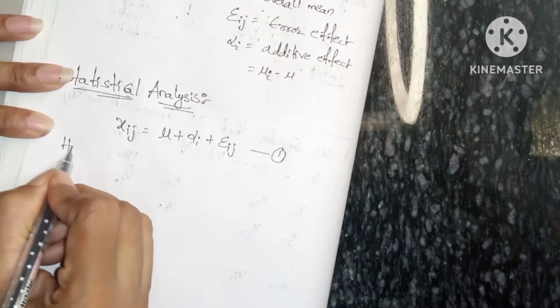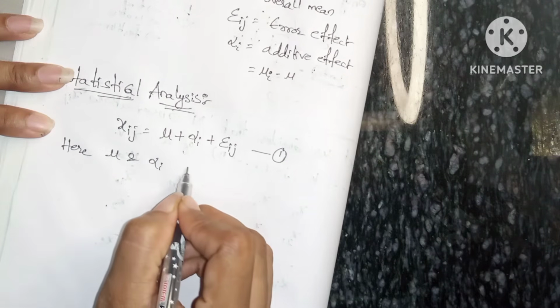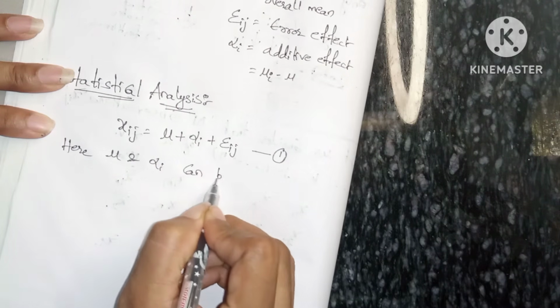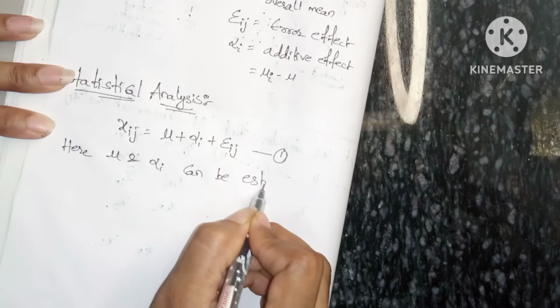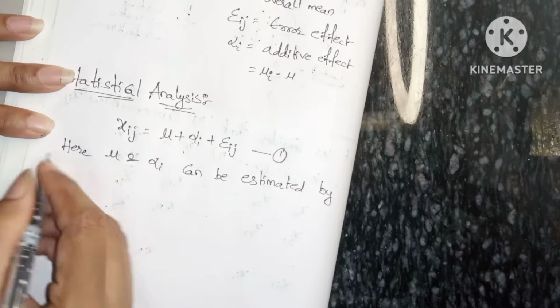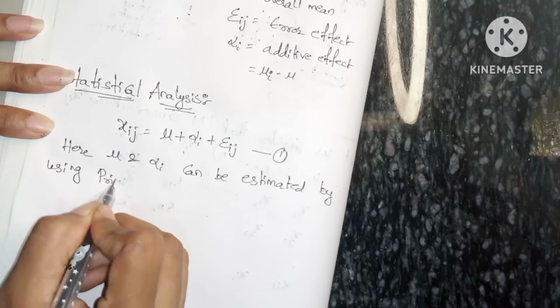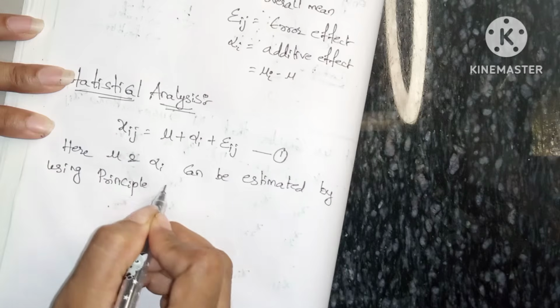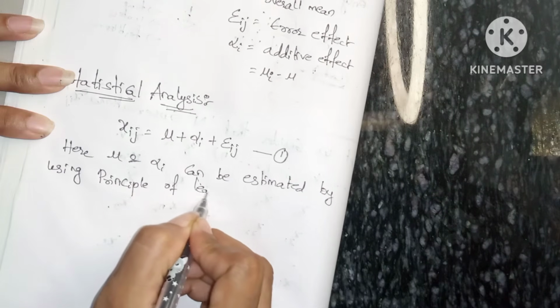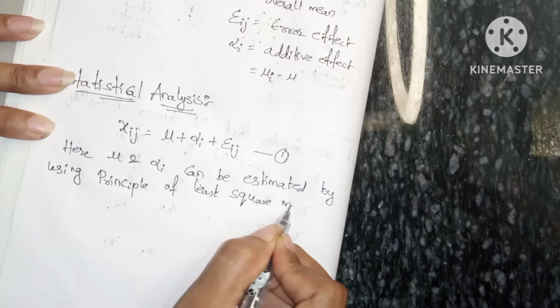Here mu and alpha i can be estimated by using the principle of least square method.